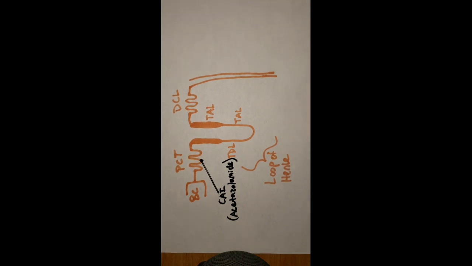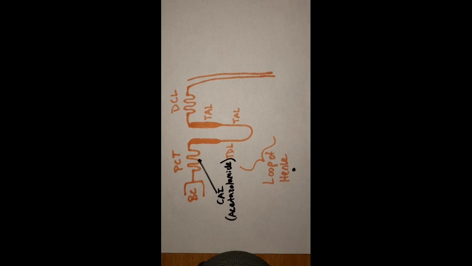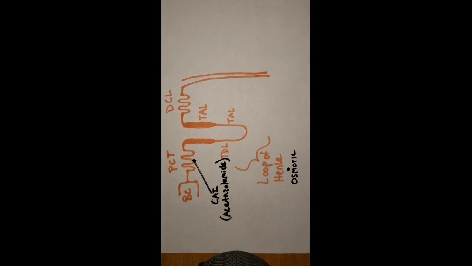The next class of diuretic drugs on our list is osmotic diuretics. I'm going to indicate osmotic diuretics right here at our loop of Henle. These drugs are actually active all throughout the nephron, but they seem to be most active in the loop of Henle. The way that these drugs work is by diffusing into the lumen of the nephron, as in the lumen of the loop of Henle, and in doing so, they create an osmotic effect.